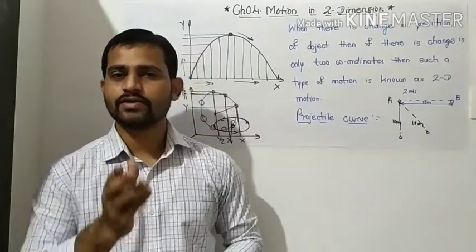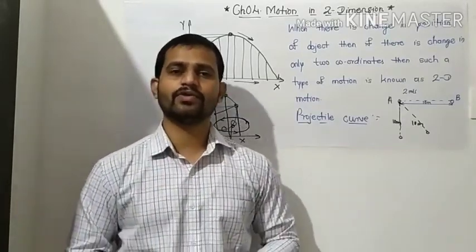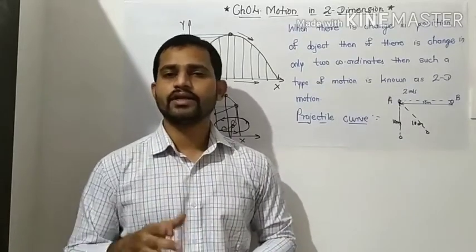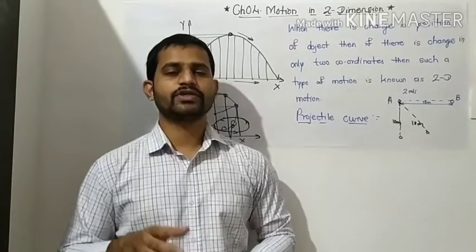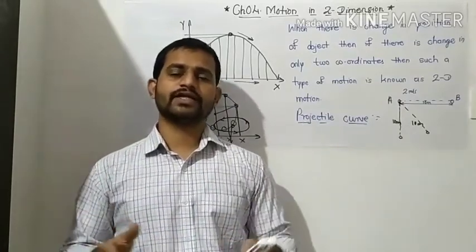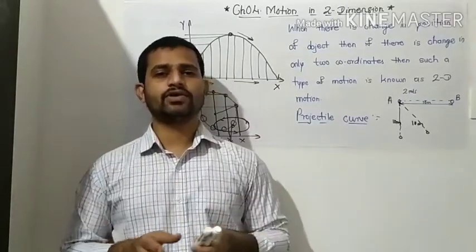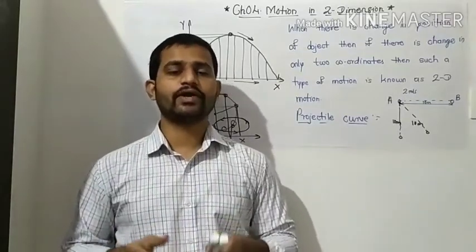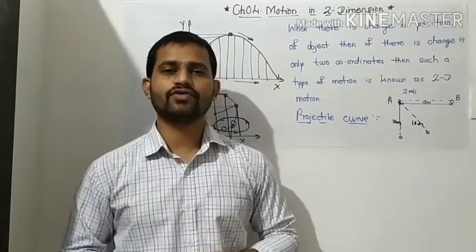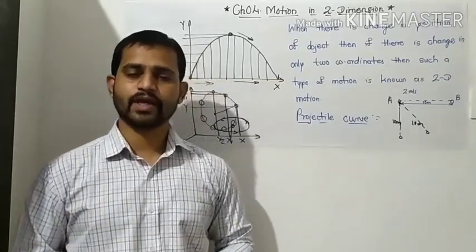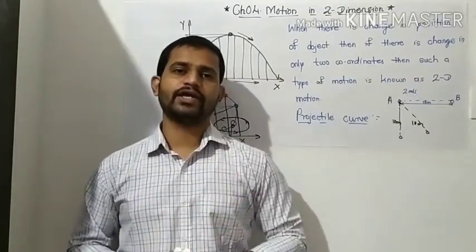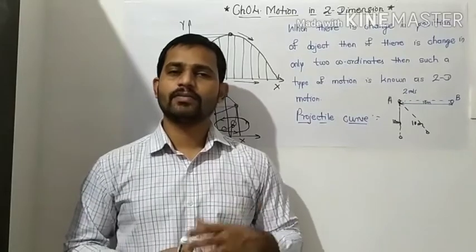We have studied that. In the case of a vector quantity, we must know both its magnitude and its direction. Those are the quantities for which we require both magnitude and direction.